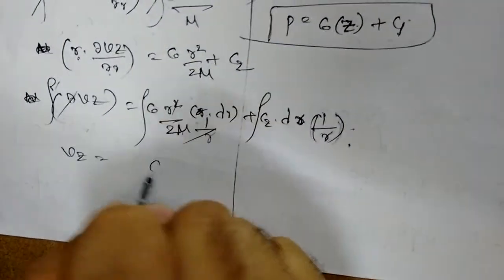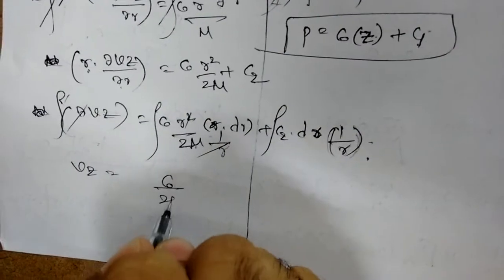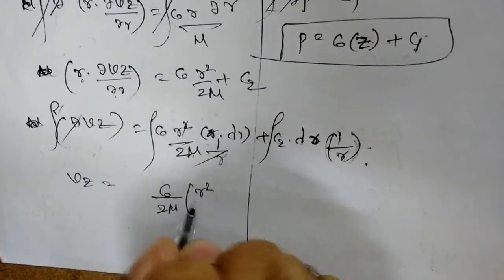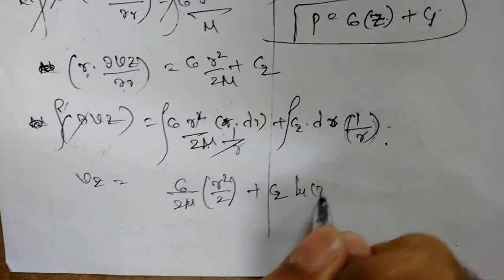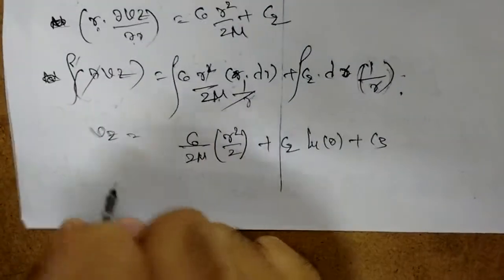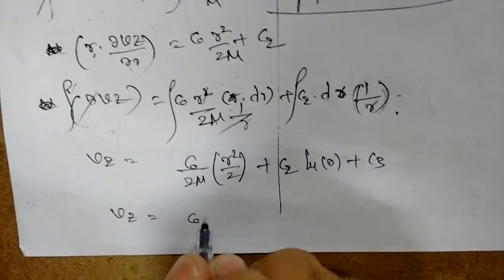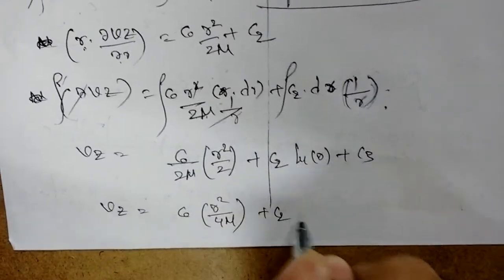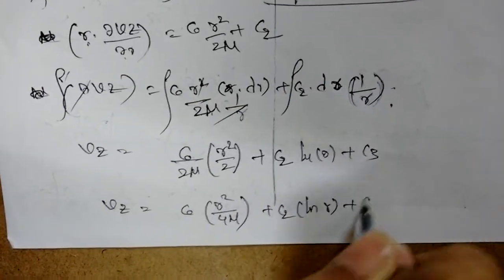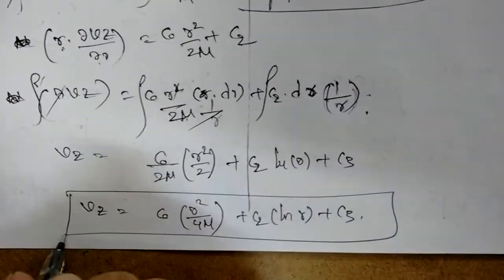So here C naught into 2 mu into r will be there, r gives rise to r square by 2, plus C2 into log r plus C3. So finally we will get Vz equal to C naught into r square by 4 mu plus C2 into log r plus C3. So this is half of the problem over.